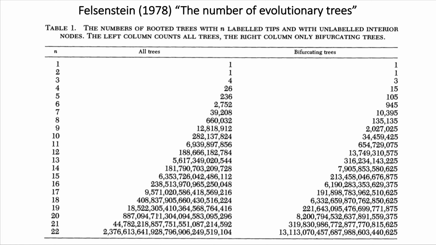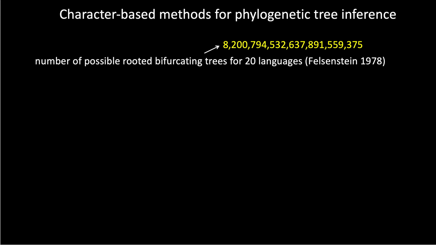Calculating the likelihood of all of those trees is, first of all, a heavy computational task, but it's also unfeasible for other reasons. Most of the trees that are possible are uninteresting. We will have a lot of trees which do not have high likelihoods of generating the data.